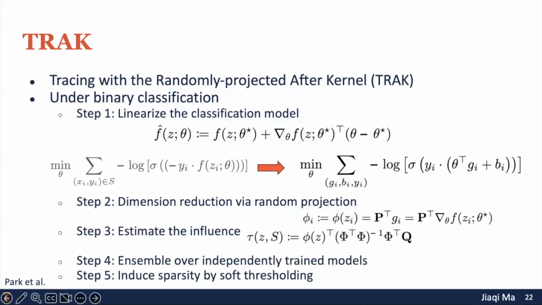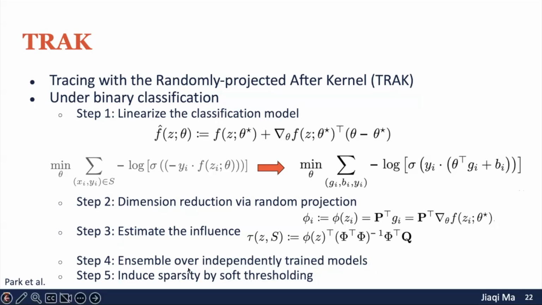Finally, there are two more tricks used in the TRAK method. One trick is ensemble. Instead of estimating the influence using just one model, the TRAK method independently trains multiple models, estimates the influence on these independently trained models, and then aggregates the influence scores to get the final scores.